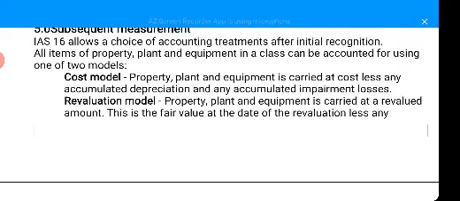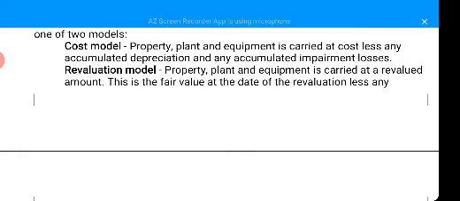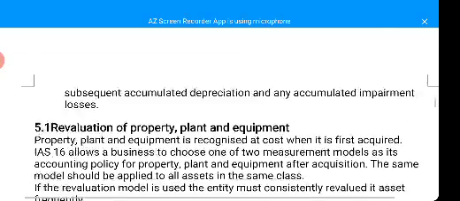So IAS 16 says we can use the cost model or the revaluation model to subsequently measure an asset. When you say cost model, you are saying the cost minus the depreciation. While with the revaluation model, you are annually looking at the new fair value, or the revalued amount of that asset. The difference between the revalued amount and the previous carrying amount will give you your revaluation surplus or your revaluation deficit.